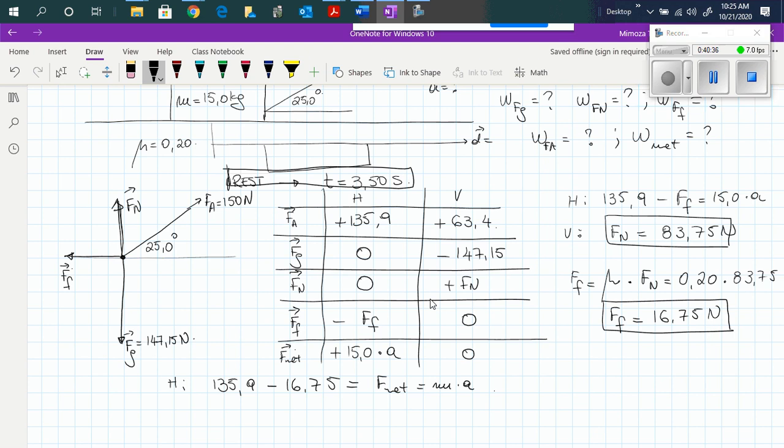So force net will be 119.15. And then from here, we can find that acceleration is force net divided by mass, which is 7.94 meters per second squared. Is it clear?